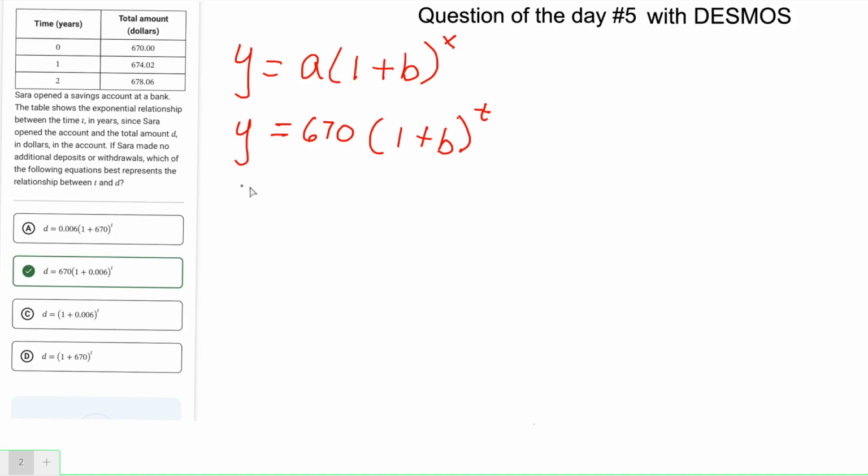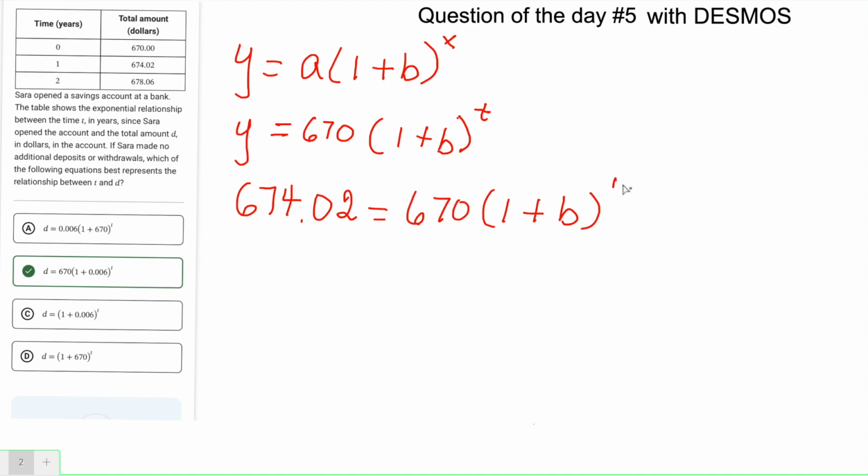So my Y is $674.02. Initially, she started with $670. We don't know what that rate is. It wasn't told to us. It was not given to us. And then T is 1.